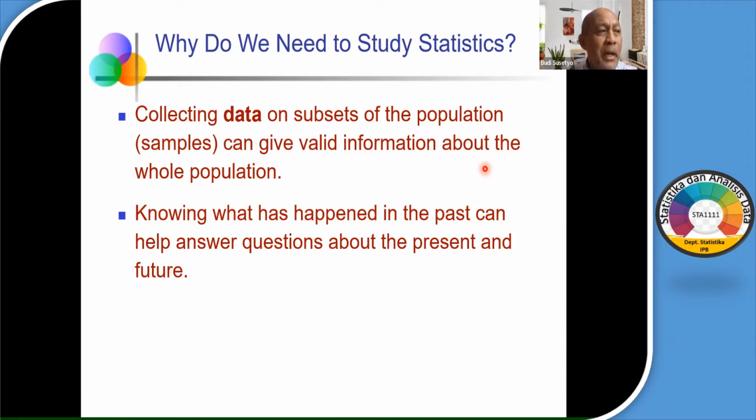For example, if the number of students in IBB University is, for example, 10,000, and you want to interview something about COVID, for example, it is very hard to interview all 10,000 students in IBB University, so you just interview, for example, 500 students.